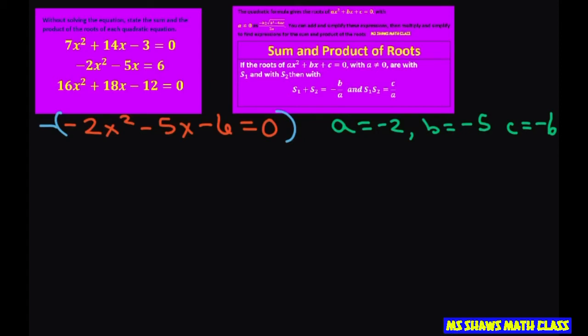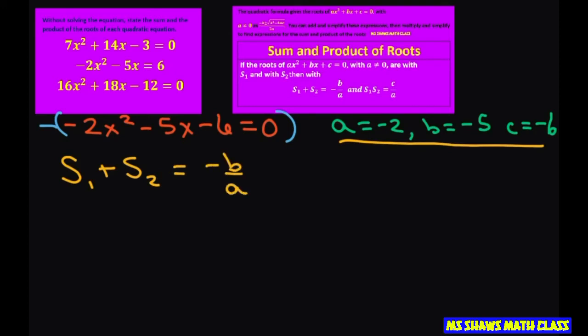It doesn't really matter for this one, but let's just leave it like this for now. So our sum of our roots, or our solutions, so solution 1 plus solution 2 is -b divided by A. So that's negative times -5 divided by -2. 3 negatives make a negative, so that's -5/2.